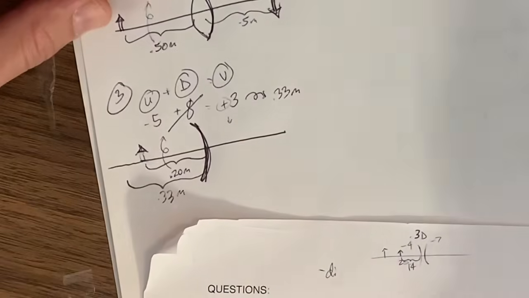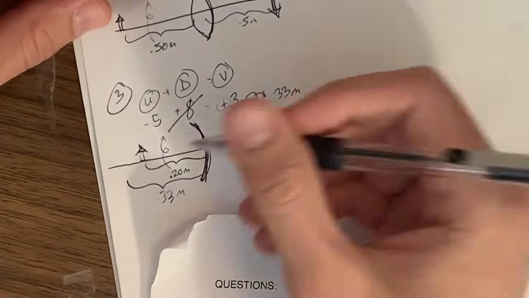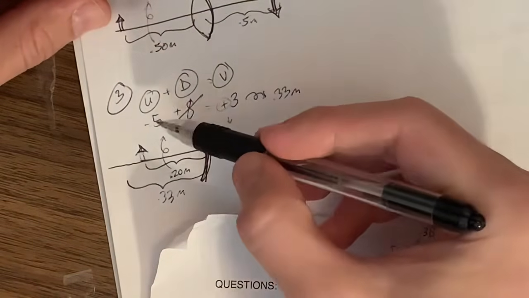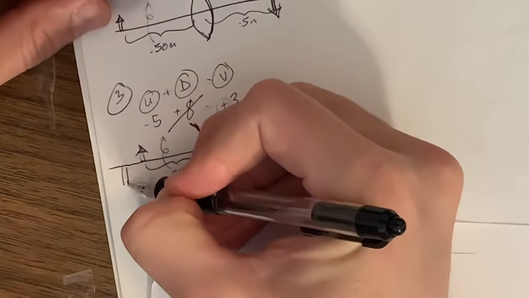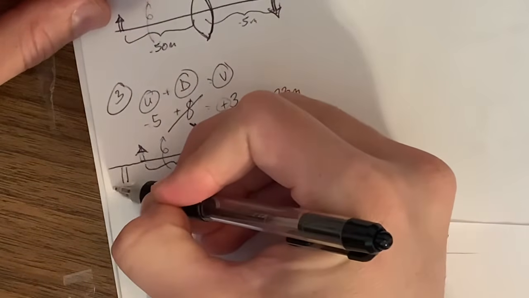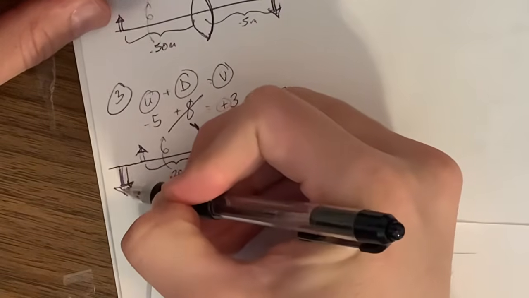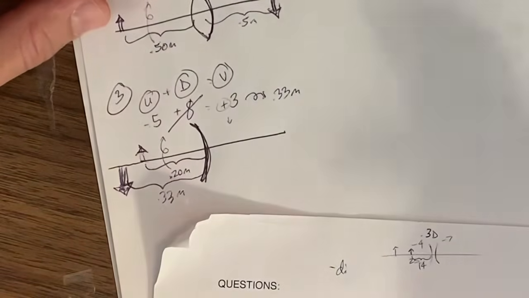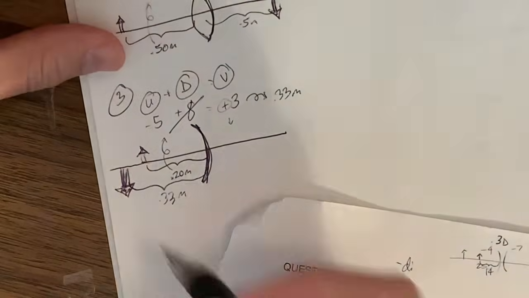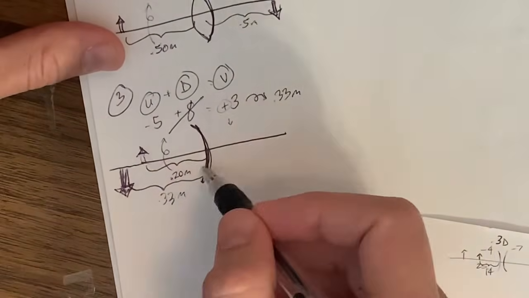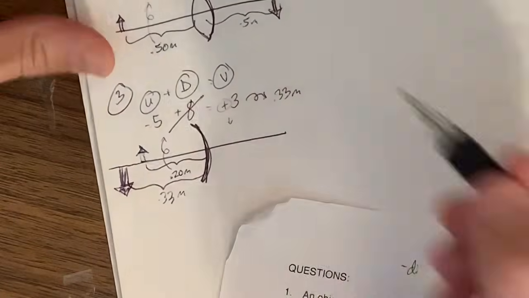Well, 5 over 3 is greater than 1, so it's going to be magnified by 5/3 of this arrow here. So whatever that is, almost double. Okay, so that's our image, and it's going to be real because the light rays are actually going to pass through it, and also you have the positive.